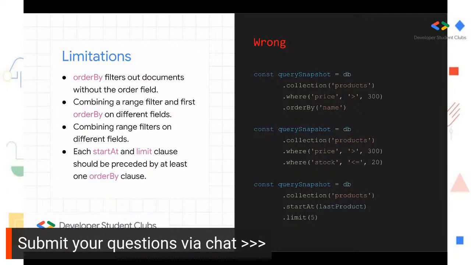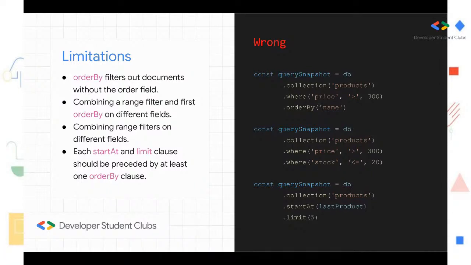It's going to create an index for price and an index for name, and it's only going to perform fast queries on one type of index. There are ways to overcome this by creating compound indexes and other complex things, which we are unfortunately not going to cover, but feel free to explore that. But this is one of the main limitations. You cannot have a .where and a .orderBy on different fields.